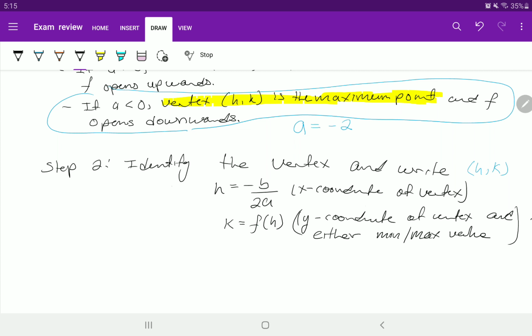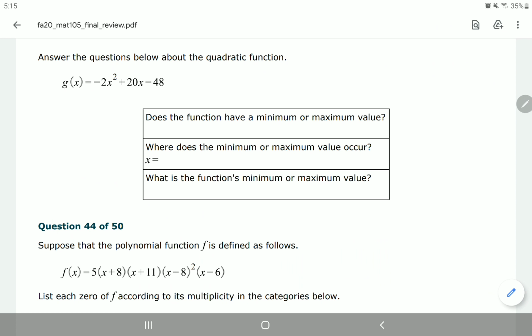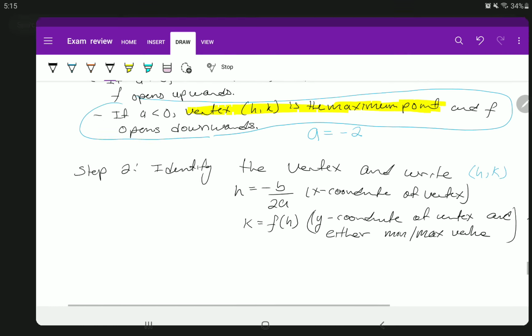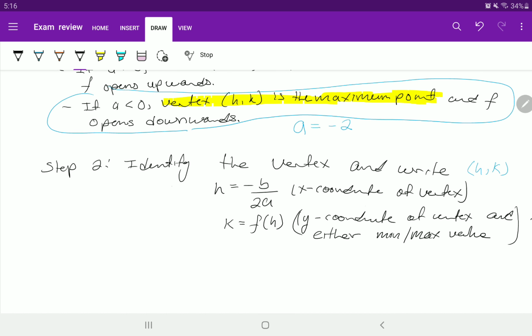Once I find h, I plug that into my function to find k. Now, h is the x-coordinate of the vertex. So to answer the second question, where does the maximum value occur, I'm going to find the h of my vertex.